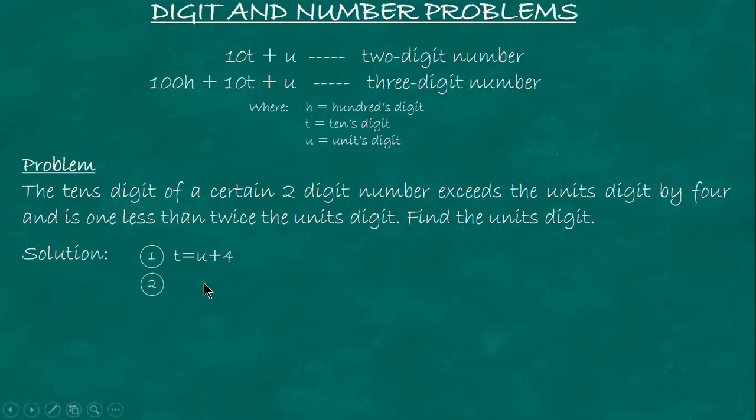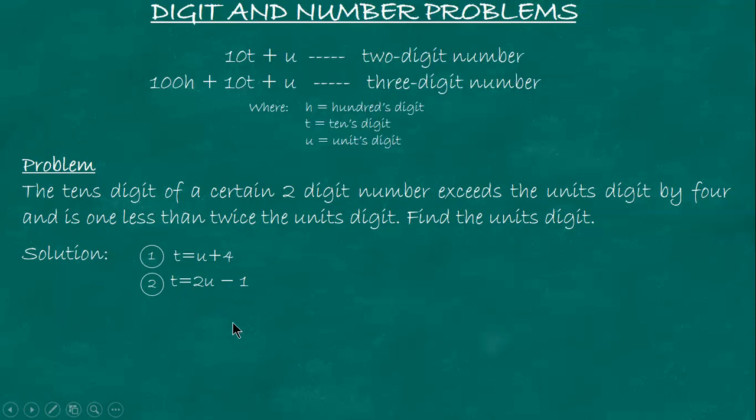So the tens digit is 2 times u minus 1. Multiply the units digit by 2, then minus 1, and that gives the tens digit.